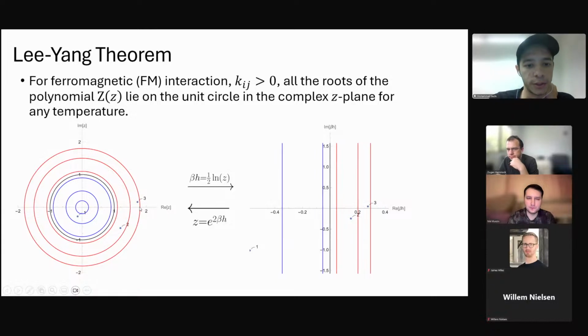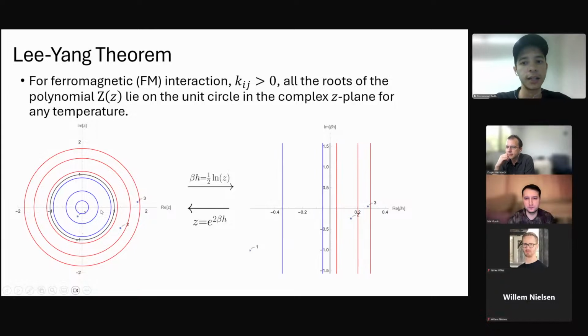Due to the periodicity, this is argument 0 and it goes all the way to 2 pi, or we could take it from minus pi to positive pi. The h-plane is just restricted to be from minus pi over 2 to positive pi over 2. I have 3 random points, 1, 2, 3, and you can see how they map to different points in the h-plane. The mapping is not so complicated.